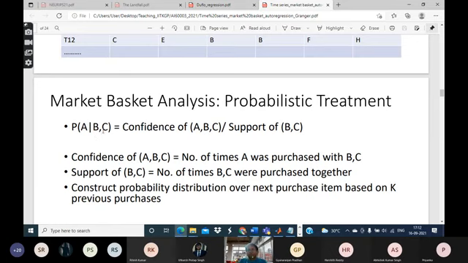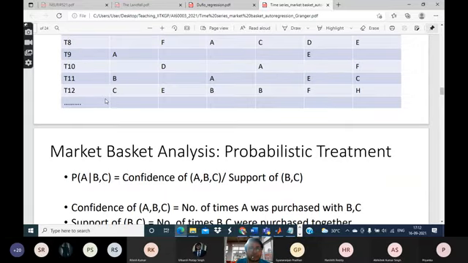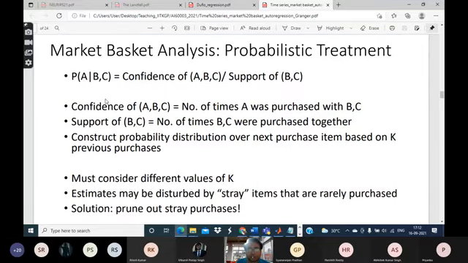So suppose B and C have already been purchased in the recent history. What I mean by recent history is that we can put a threshold of time, say within the past 5 timestamps or past 3 timestamps, or whatever is suitable. So given that B and C have already been purchased in that time window, what is the probability that A is going to be purchased next?